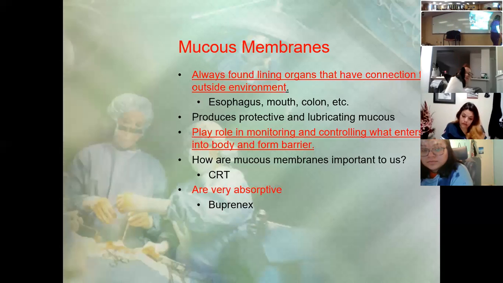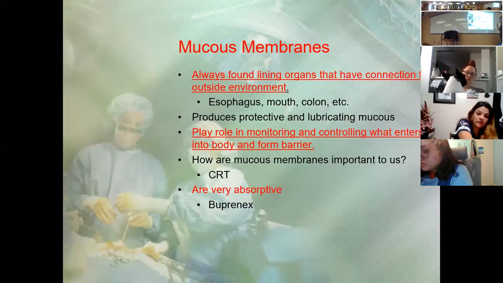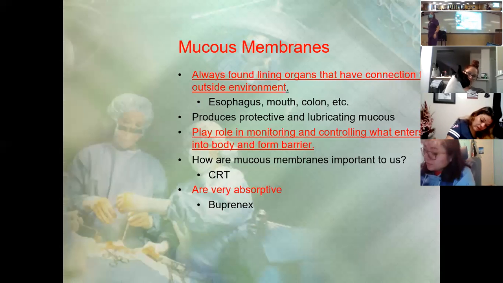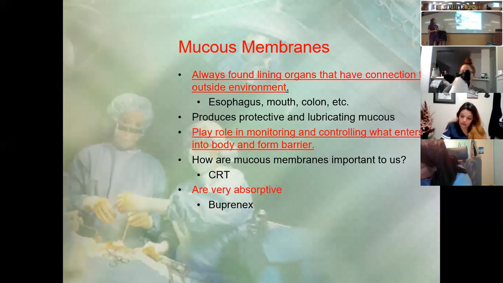All right, so another connective tissue are our mucous membranes, and these are always going to open up to the environment. Like in your esophagus, in your mouth, you have mucous membranes in the conjunctiva of your eye, you have mucous membranes inside your nose, and these are going to control what goes in and out, and they also form a barrier. They also have a very high incidence of your immune system in these areas.